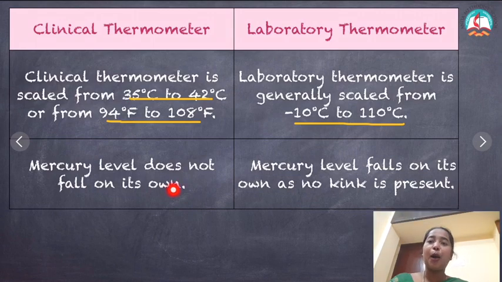In a clinical thermometer, the mercury does not fall on its own because there is a kink near the bulb to prevent the fall of mercury. But in a laboratory thermometer, the mercury level falls on its own as no kink is present.